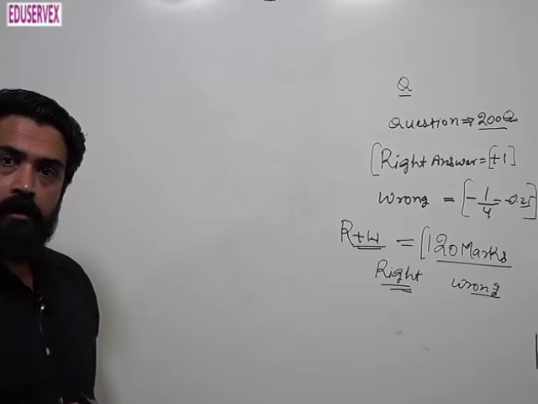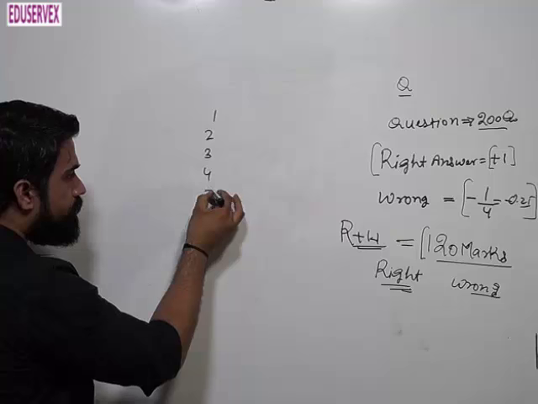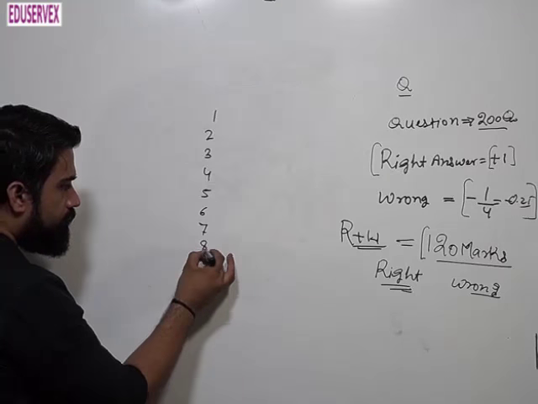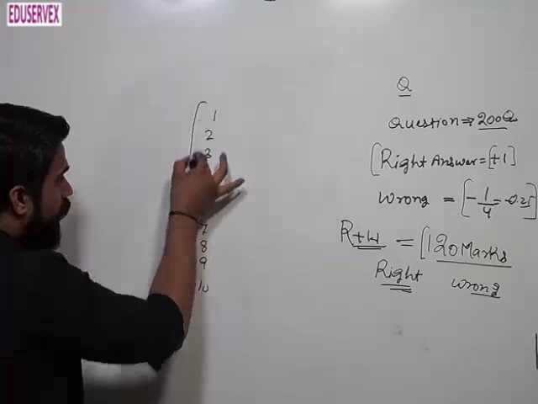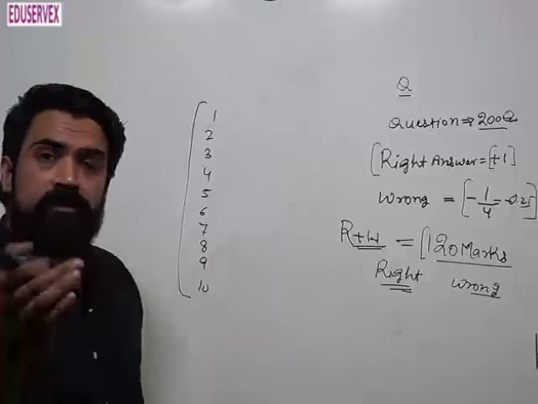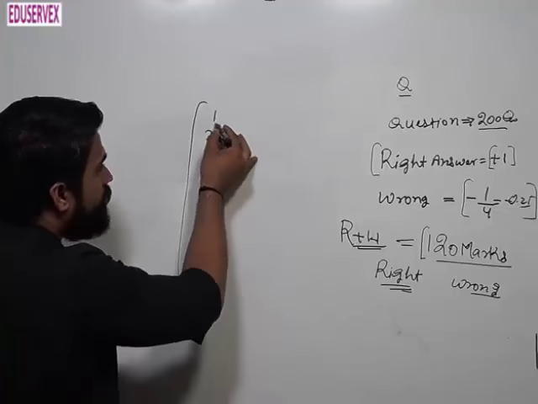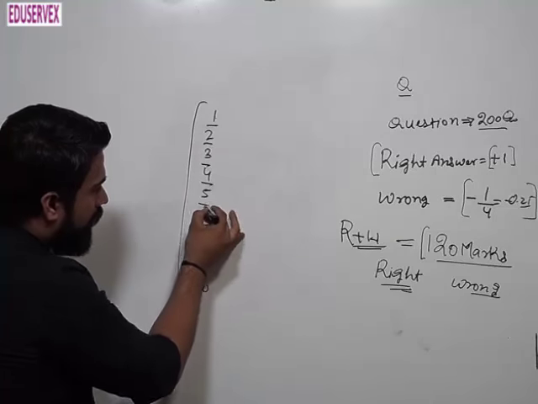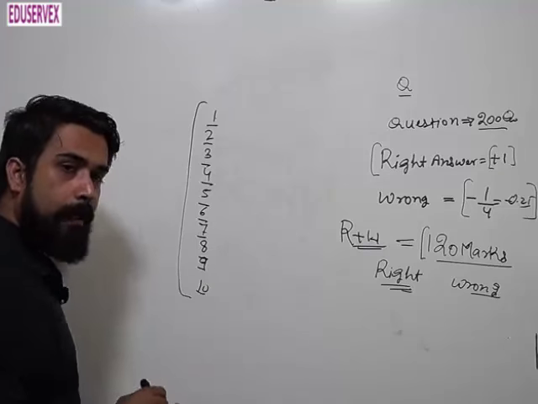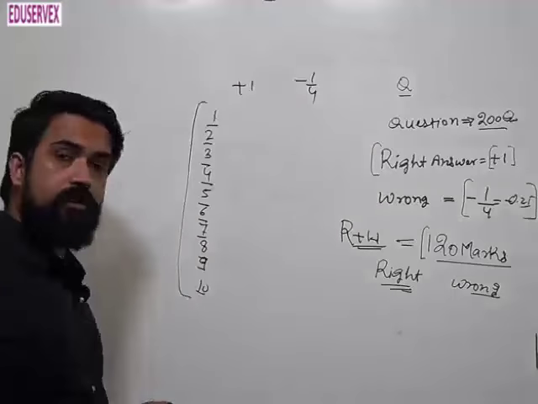You agree? I'll take a very simple example. Look, we'll not go to 200 questions; we will solve this using a very small example. We have 10 questions. For every right answer we have +1, and for every wrong answer we have -1/4.